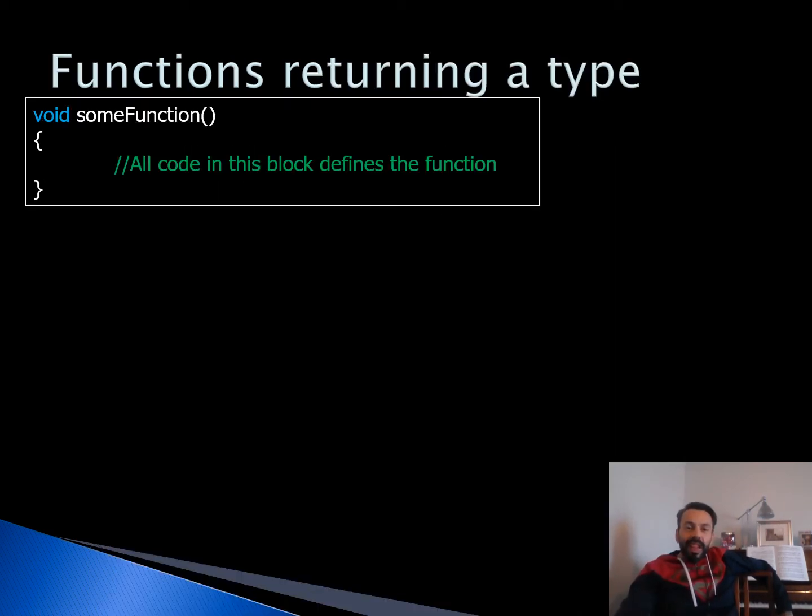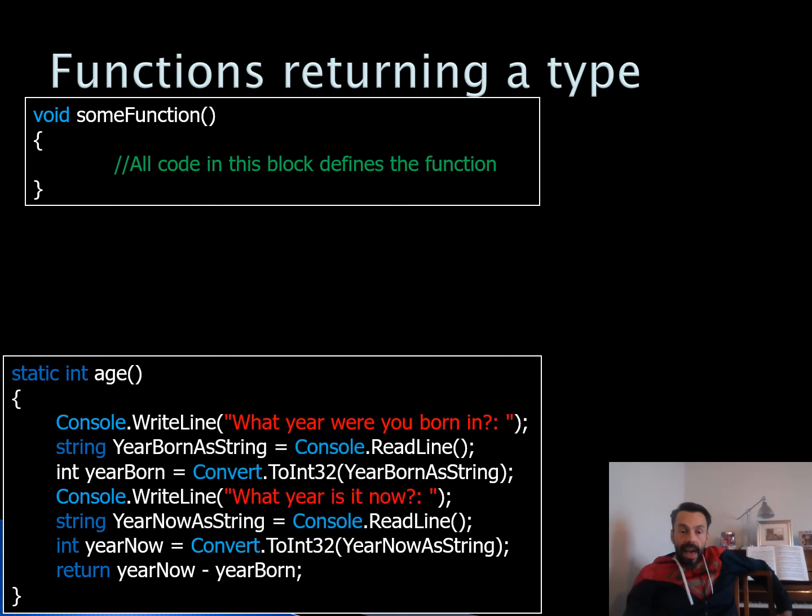Anyway, functions returning a type. This is us talking about that now. So we have an age function. This is a program to take in the year you were born, and then it converts that. And then it asks you what year it is now. What it does is it subtracts the year you were born from the year now, and then it returns that value as an integer.